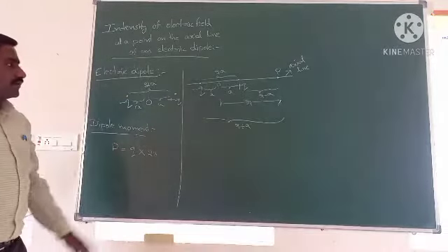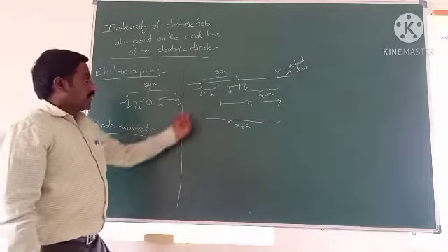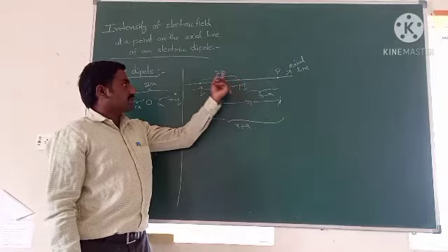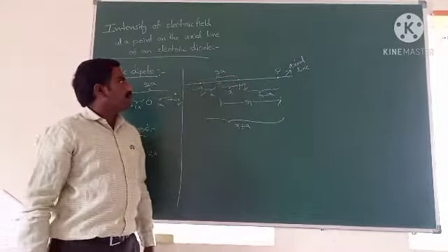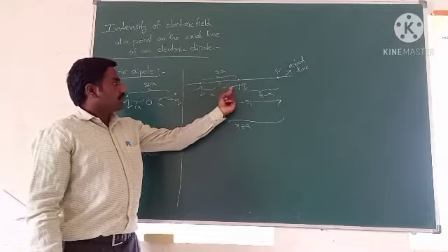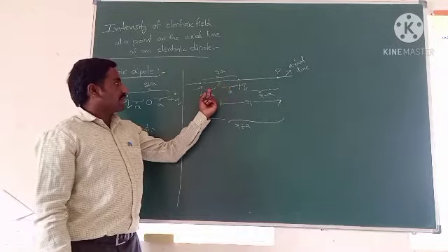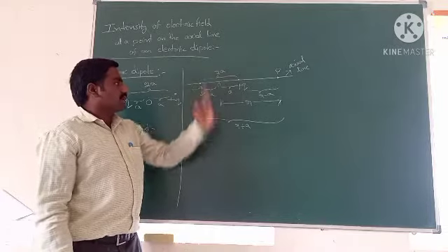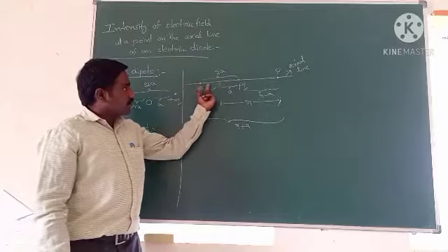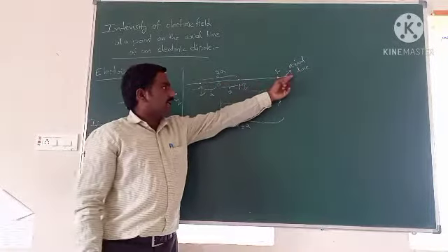Once again, listen to the distances. Minus q charge and plus q charge: two equal and opposite charges separated by 2a distance is called a dipole, and this is the center O. This distance is a and this distance is a, so a plus a is a total of 2a. The line passing through the two point charges is called the axial line.